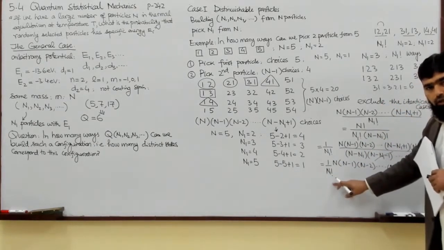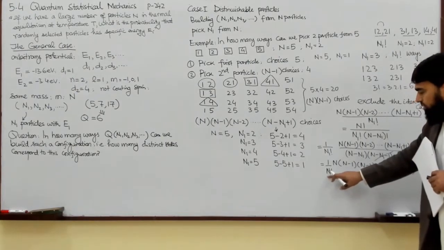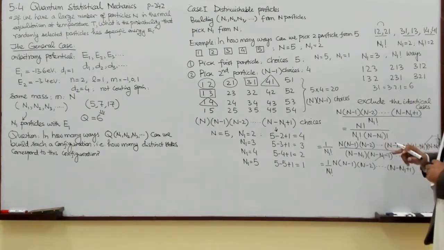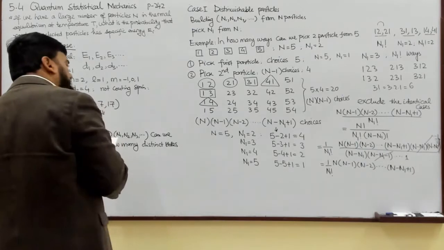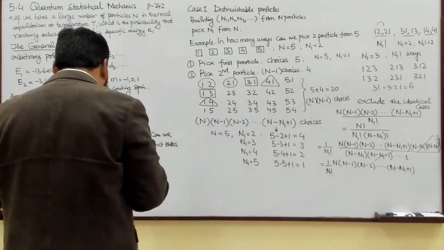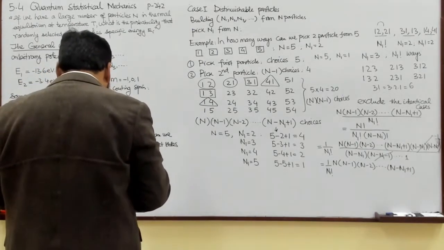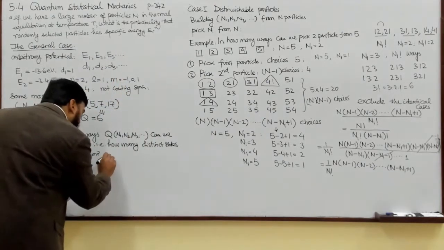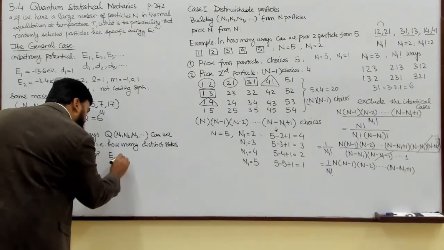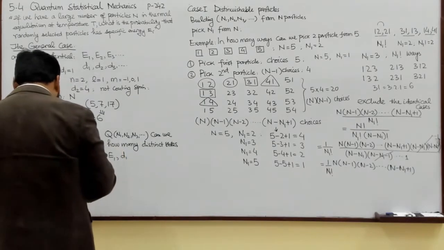So the identical pairs will always depend on the number of choices we are picking of the particles. We remember that each particle has d1 choices of states to have energy E1. Like when the energy is E1, the degeneracy is D1.